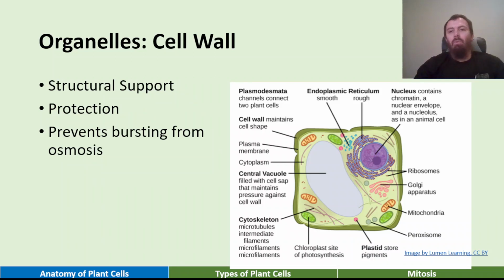This is what can happen with animal cells. If there's not a mechanism to prevent it, the cell can burst in fresh water. Since plants have a cell wall around it, it's not going to burst because it's going to push against that cell wall, and the cell wall is going to stop it from being able to burst. So they're not really affected by freshwater solutions that might cause bursting in other cells.